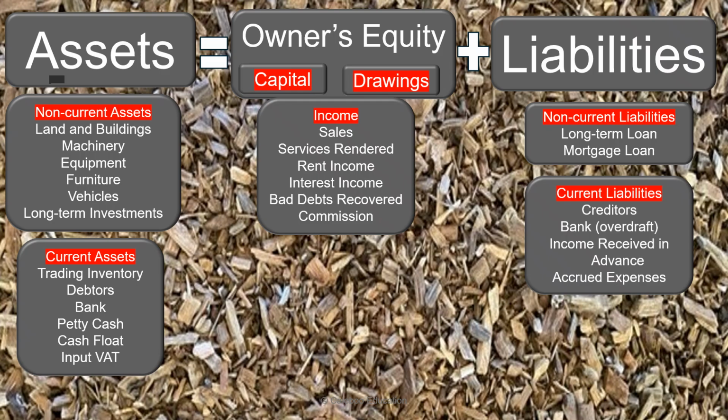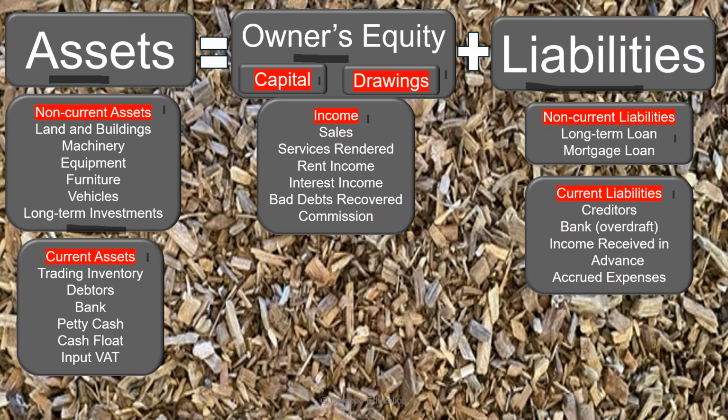We've got the accounting equation: assets equals owner's equity plus liabilities. You know the definition of a non-current asset, a current asset, capital, drawings, income and expenses, non-current liabilities and current liabilities. That's what you're expected to know already. What is a long-term investment?